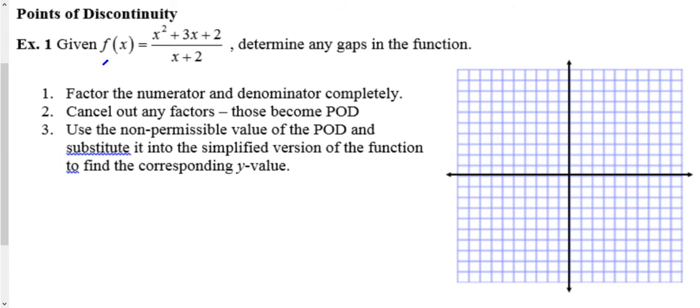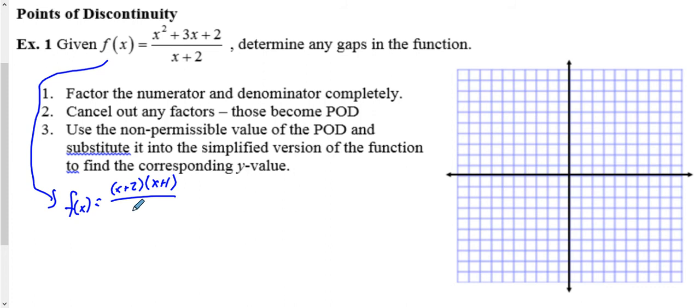So here we go. Let's factor this equation out right here. My function is f of x. My numerator is going to become x squared plus 3x plus 2. If I factor that out, that's just x plus 2 and I have an x plus 1 with it.